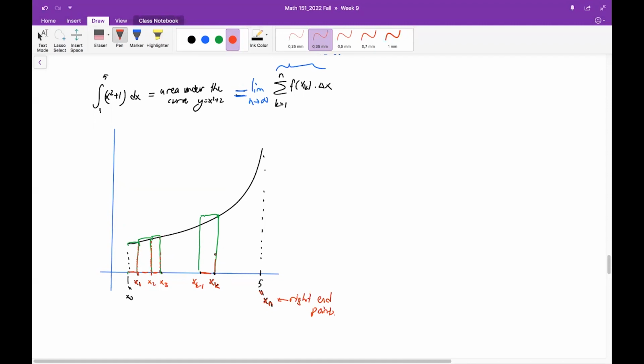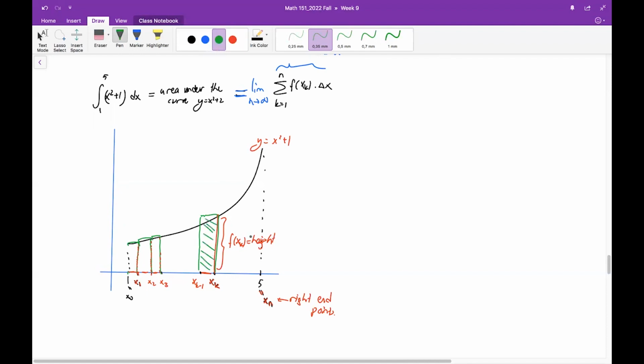For example, this is the height of the kth rectangle, and this height is determined by the function, where the function is x squared plus 1. So f of xk, the image of your function at this point xk, is the height of your rectangle.